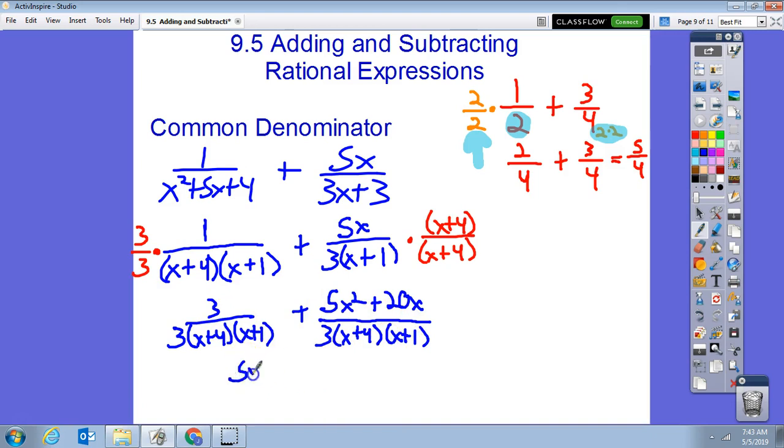You have 5x squared plus 20x plus 3. Notice there are no like terms in this one, so this one's really easy. If there are like terms, you just add the like terms together. Now you have just added these two rational expressions together.